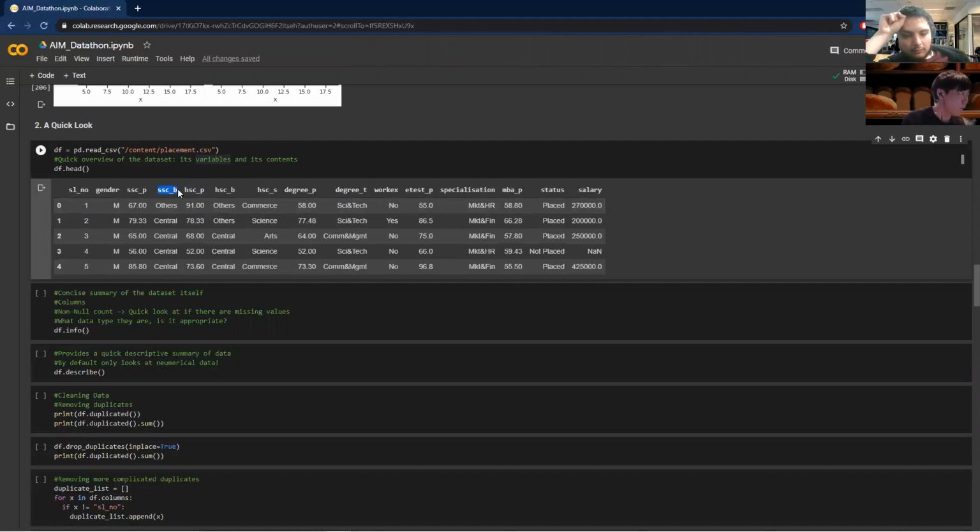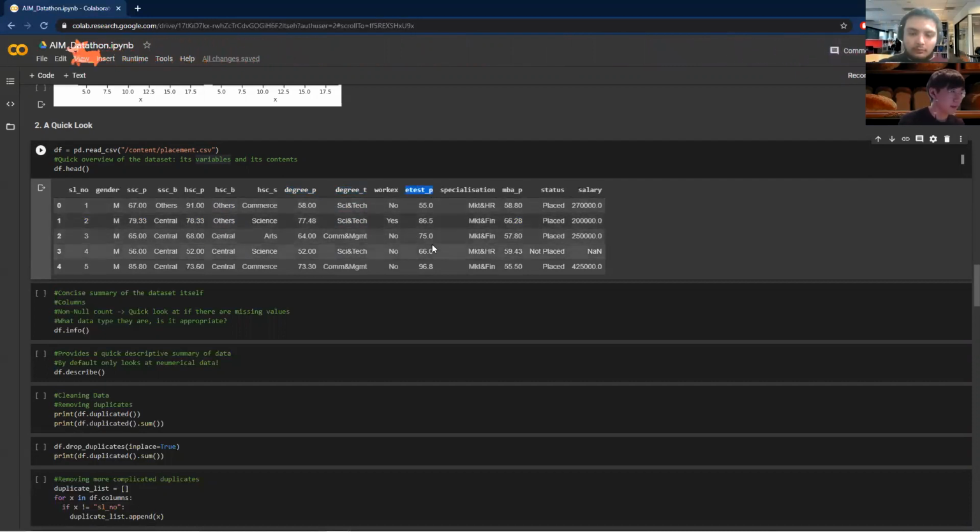And whatever this B means is just what sort of school they went to, whether it was a central, which I think is public, and other, which is like private or some other school. And degree percentage, once again, means their average degree score during their university years. Degree T indicates what department they were in.